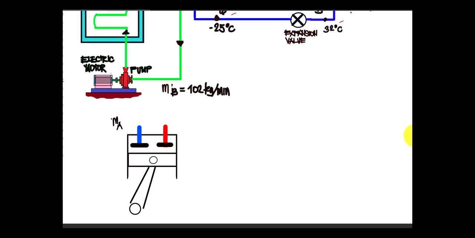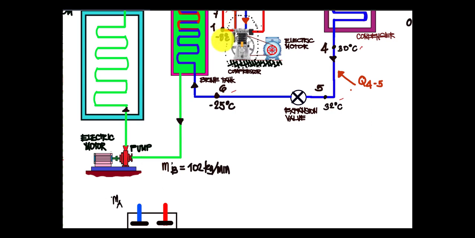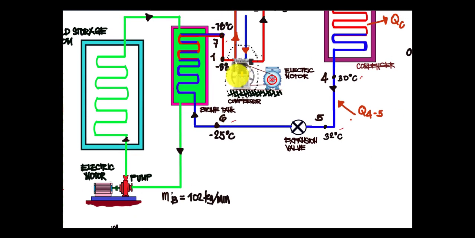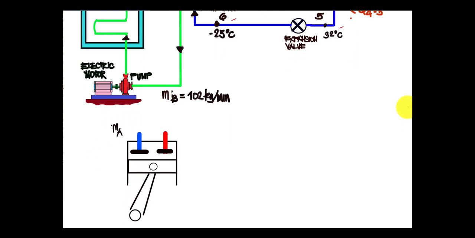Looking back at our figure, what is entering the suction port of the compressor is the mass flow rate of the ammonia, which we have already calculated. This is the one entering at the suction of the compressor.